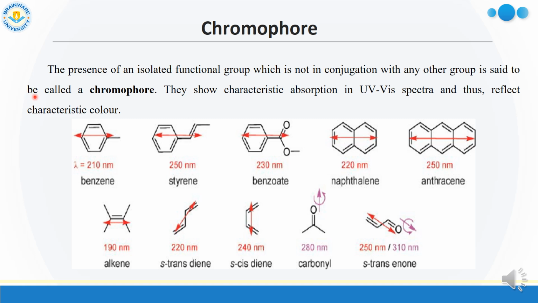They show characteristic absorption in UV visible spectra and thus reflect characteristic color. Suppose benzene has lambda max 210 nanometer, naphthalene 220 nanometer, anthracene 250 nanometer, and so on.